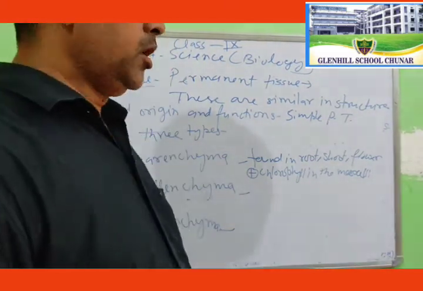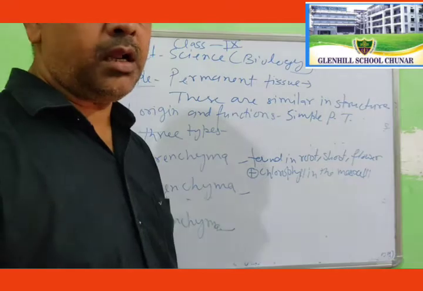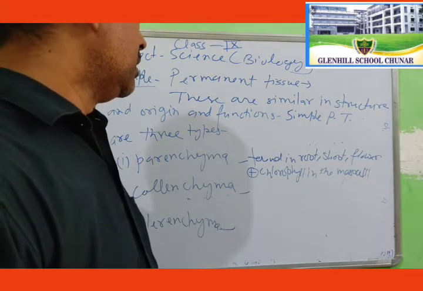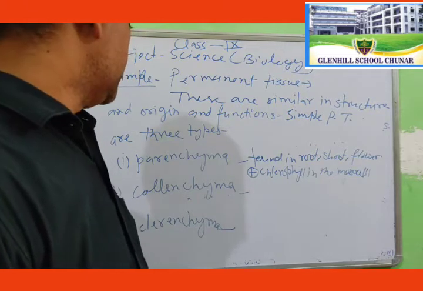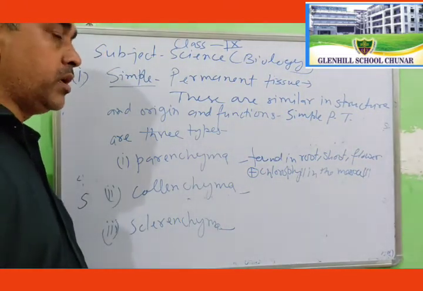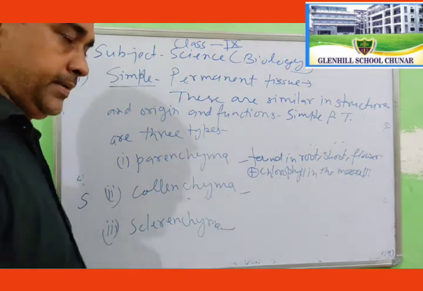Generally leaves are green in color. So parenchyma contains chlorophyll and is found in the root, shoot and flower of the plant.